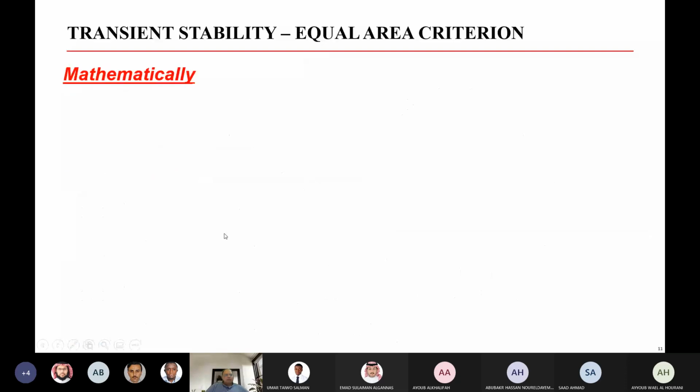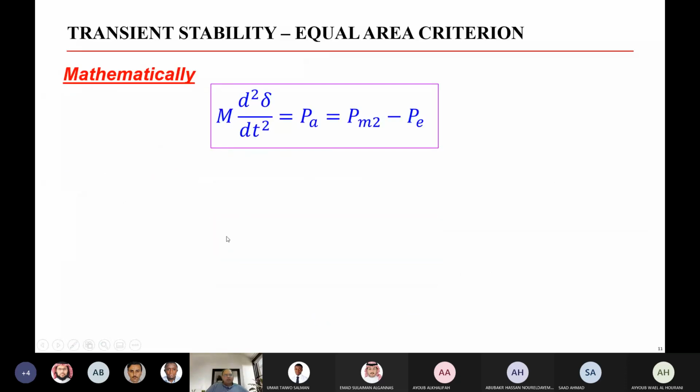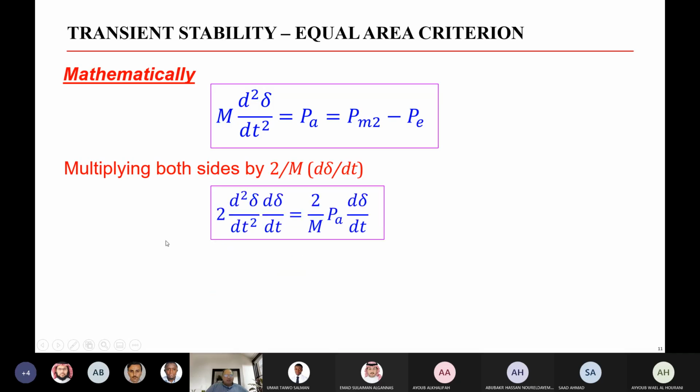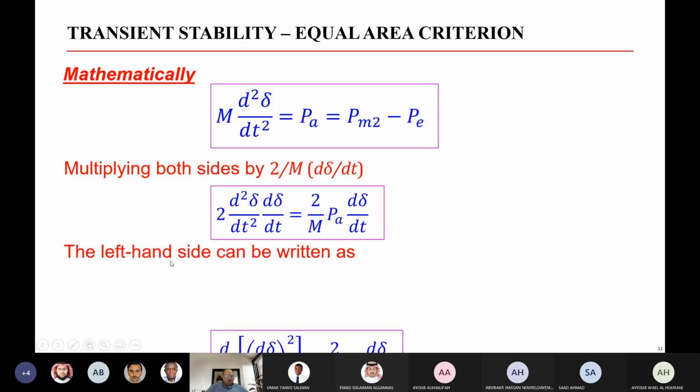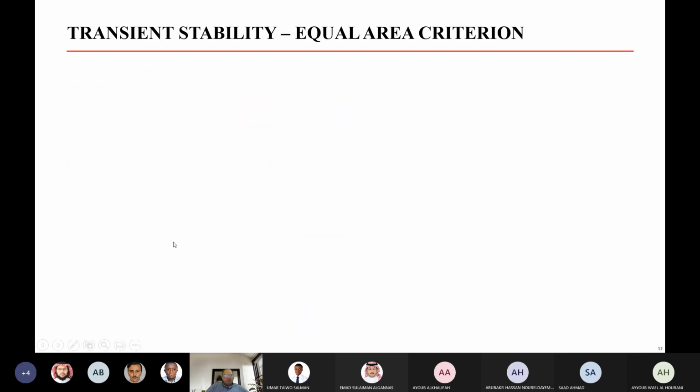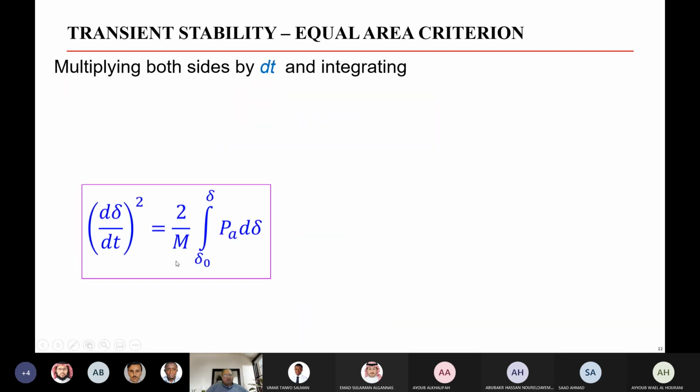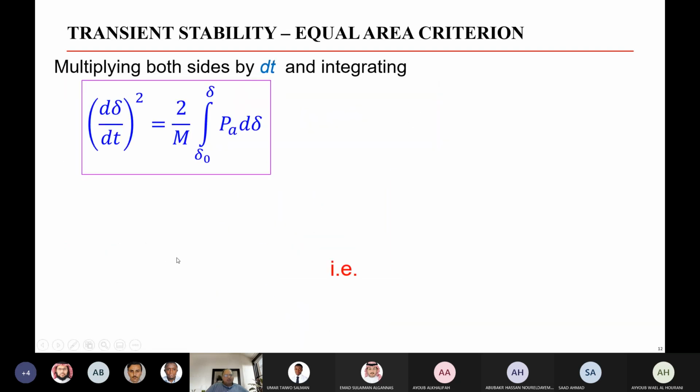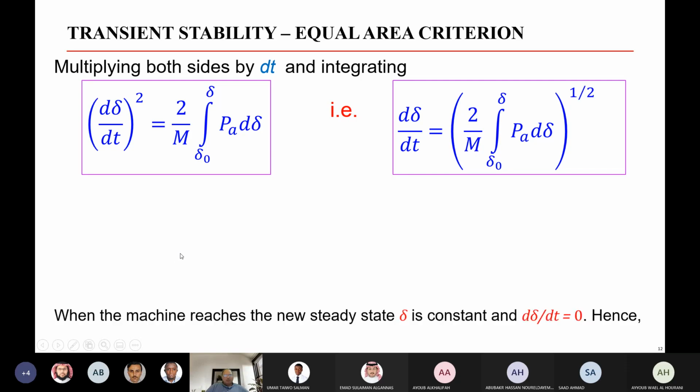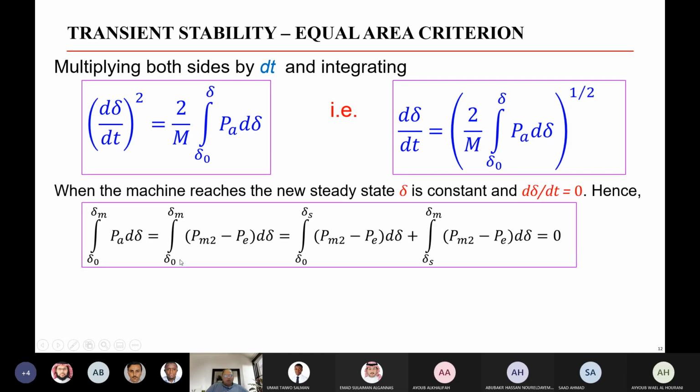Mathematically, this is multiplied by 2 over M. There is some manipulation of these, and this is the derivation of the condition for the system to be stable, A1 equal to A2. I would like to skip this part.